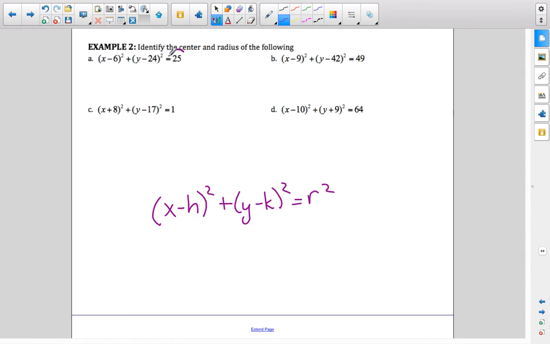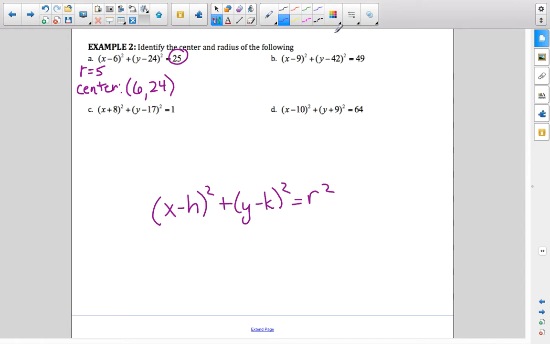Right away I can see, okay, what's the square root of 25? That's right, it's 5. So my radius in this circle is 5. The center is going to be at (6, 24), quadrant 1. Okay, there's my h, there's my k. And remember, the minus is part of my equation.